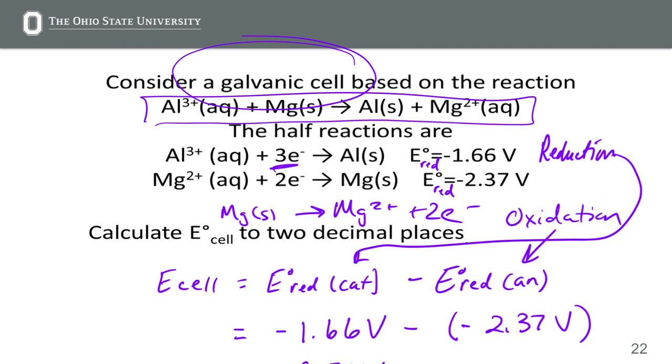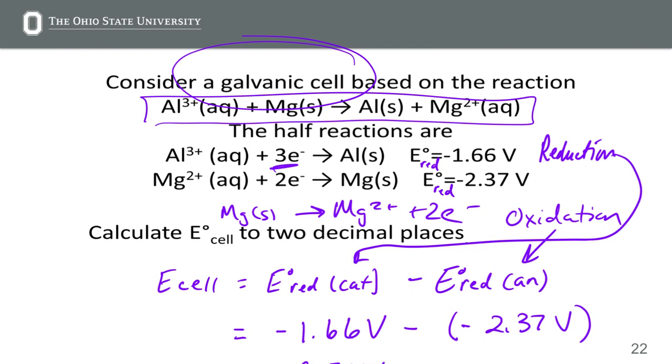So if you didn't have this overall reaction, would you be able to figure out what the cell potential is? Yeah, how would you do that? There's only one way for these two half reactions to be combined to make a positive cell potential. And so if you're not given an overall cell reaction, you can still figure out the cell potential.